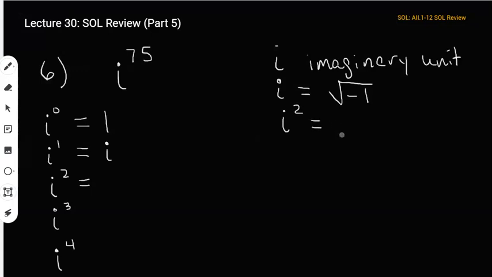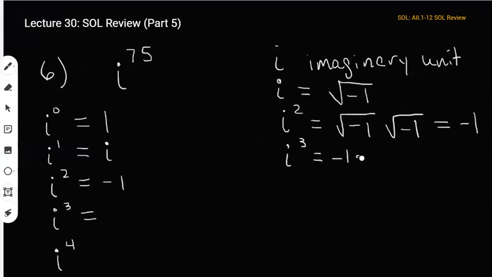i squared is going to be square root of -1 times square root of -1. That's going to give me -1. But then if multiplied by i again, we're going to get -1 times i. And that's going to give me -i.